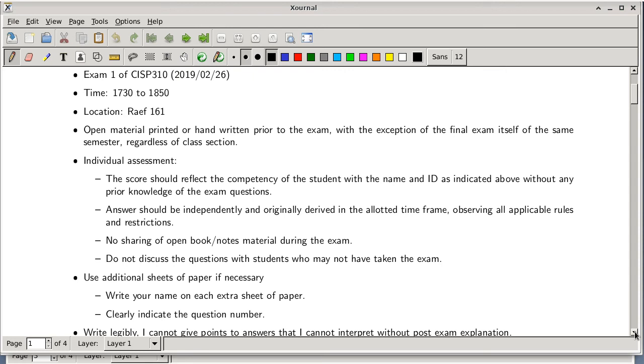Okay, so there will be no sharing of exam questions. If somebody could not make it to the exam, and you took the exam at the right time, do not share any details about the questions with that other person. If you're not sure, then you can assume that person did not make it to the exam and do not share any details about the exam. Okay.